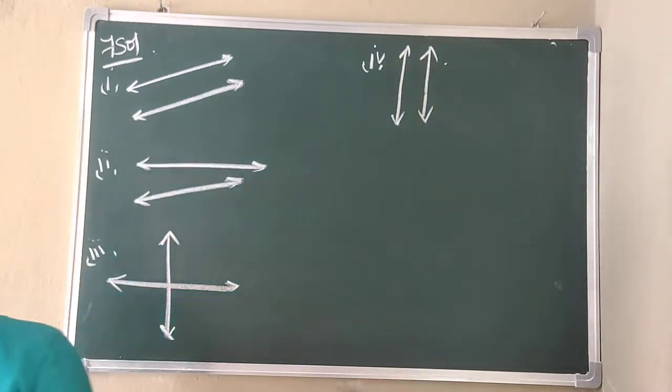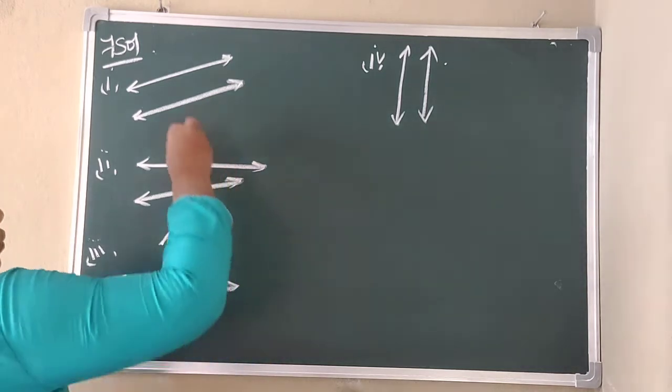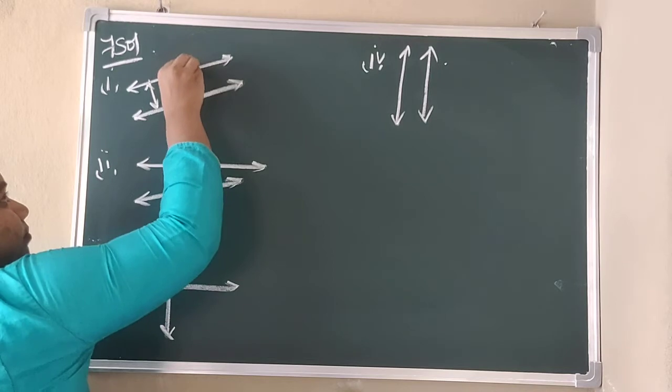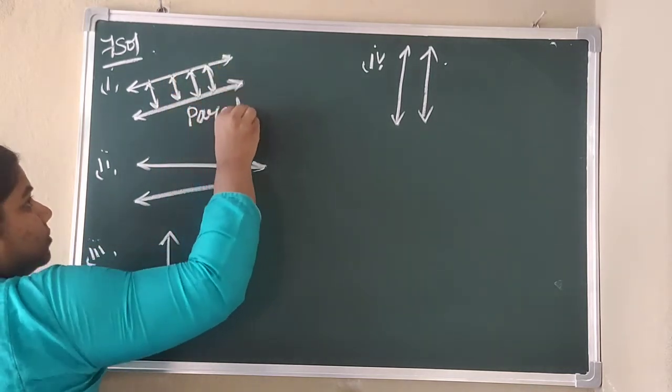So in this, what are parallel lines? Already I told you that the distance between the two lines will be same. That type of lines we will call as parallel lines. So if you see this, the distance is always same. Yes, so we can call it as parallel lines.